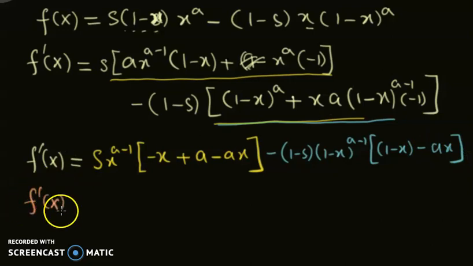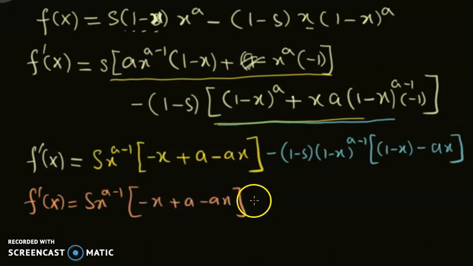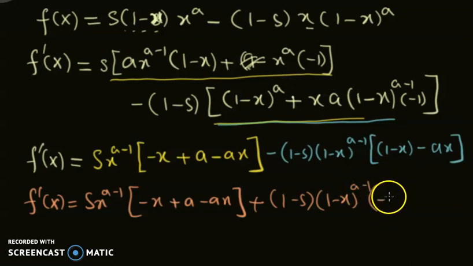But we can write this as s times x to the a minus 1 times minus x plus a minus a times x, and then this minus can be multiplied inside this bracket to get 1 minus s times 1 minus x to the a minus 1 times, so this will be minus 1 plus x plus ax.